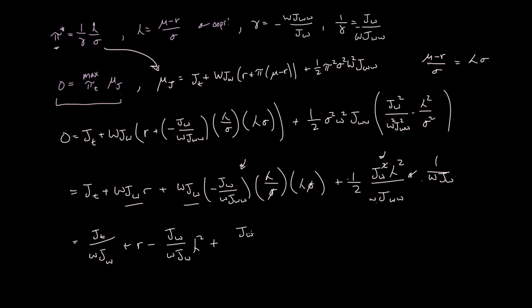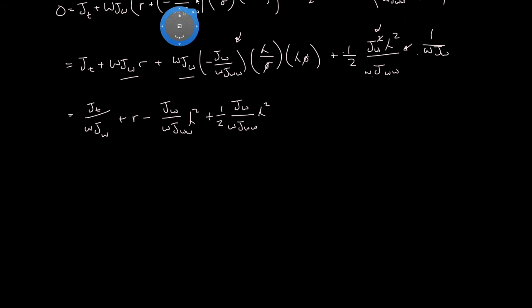We'll get J_W over W J_WW. There's another W here, I apologize. Lambda squared, and there's also a 1/2. Great. So now we just need to subtract these. This is the same thing, but with a 1/2, so it's going to be minus 1/2.